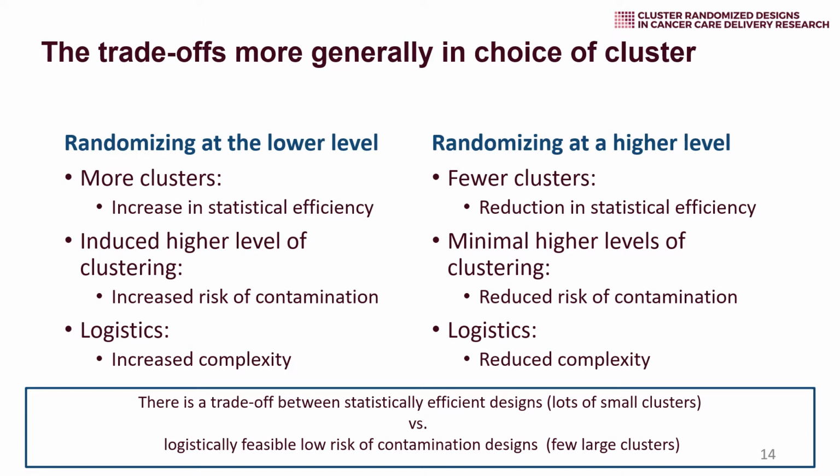On the other hand, if we randomize at a higher level, we typically will have fewer clusters in our trial. This will lead to a reduction in statistical efficiency. Minimal lower levels of clustering will probably lead to a reduction in the risk of contamination, and logistics will probably be improved with reduced complexity in running the trial.